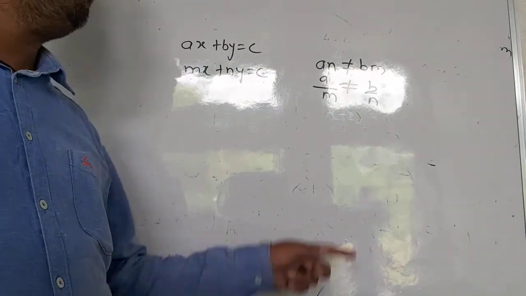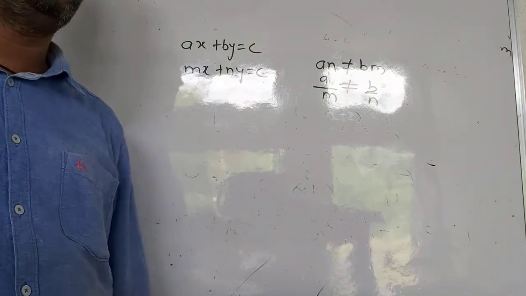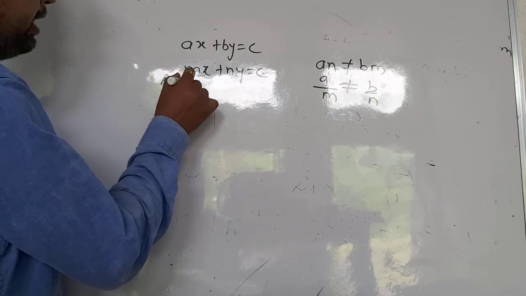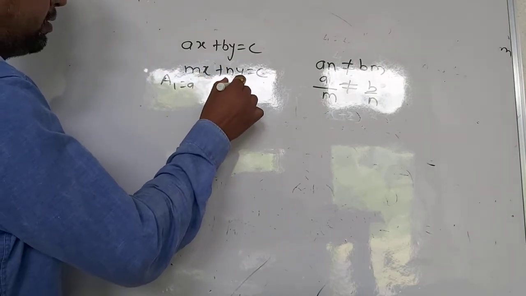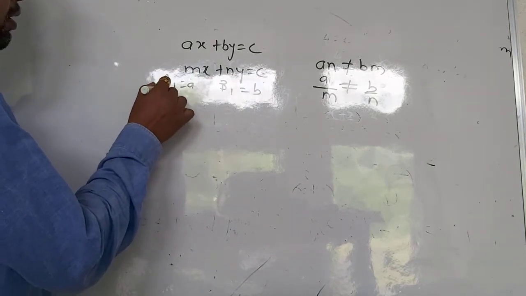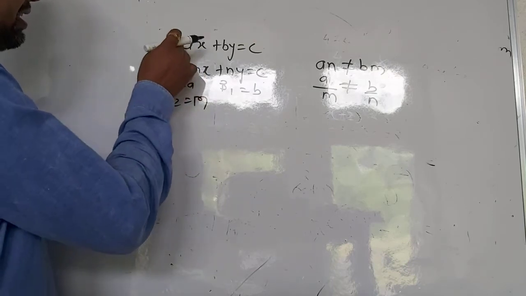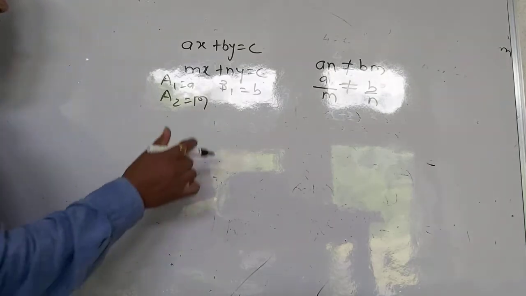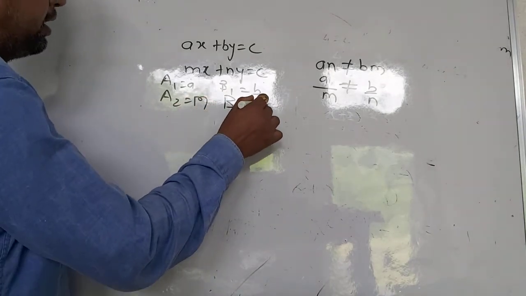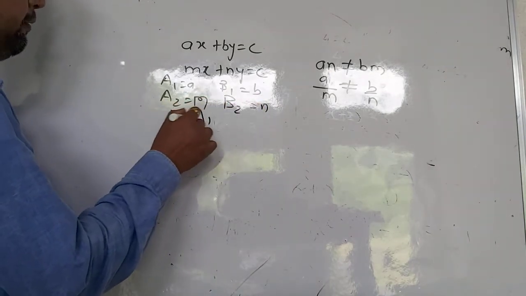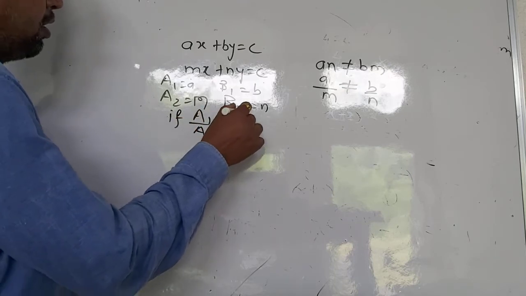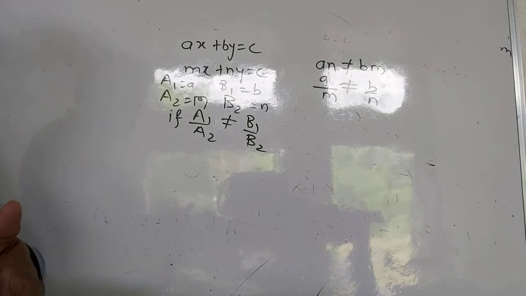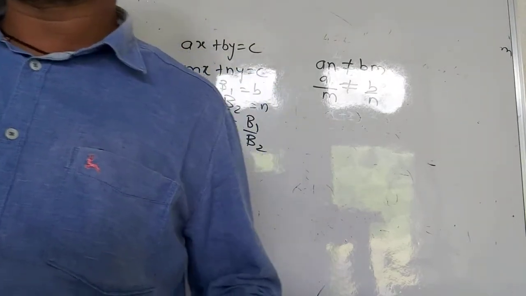If you see in this, a1 is a, b1 is b, a2 is m, and as the small a, I am taking capital, and b2 is n. If a1 by a2 is not equal to b1 by b2, then you can say it has a unique solution.